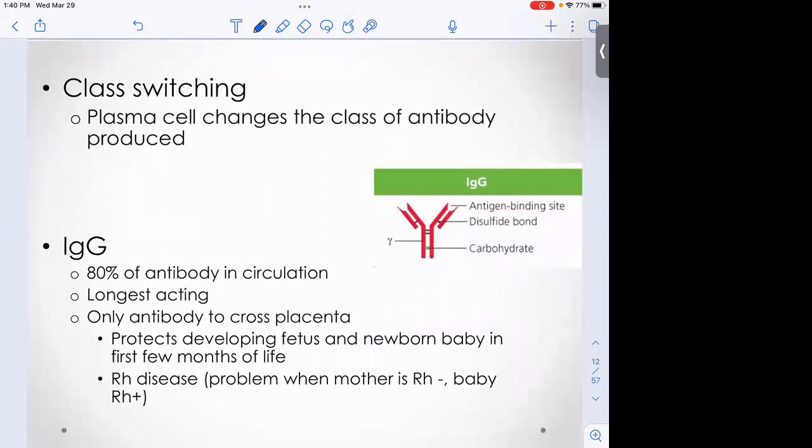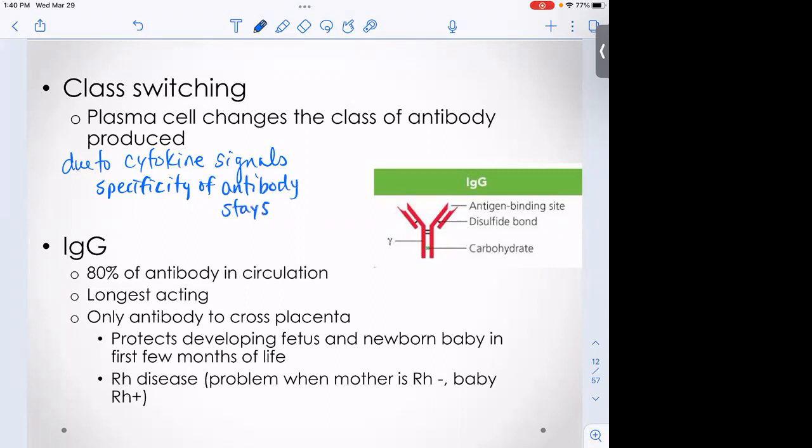Due to cytokine signals, these plasma cells will switch to the kind of antibody that maybe is best going to fight an infection. Even though it switches the stem region, the specificity of the antibody stays the same. So that antigen binding region doesn't change.